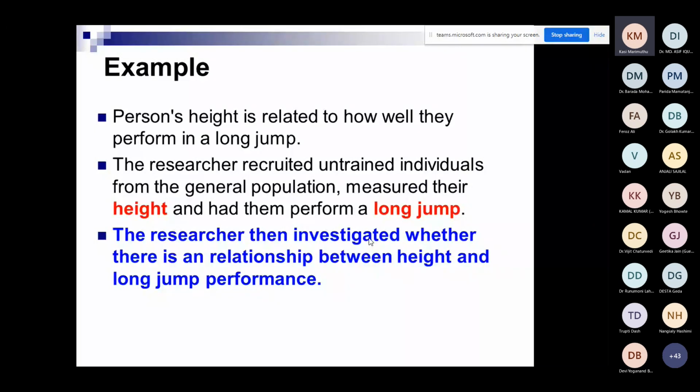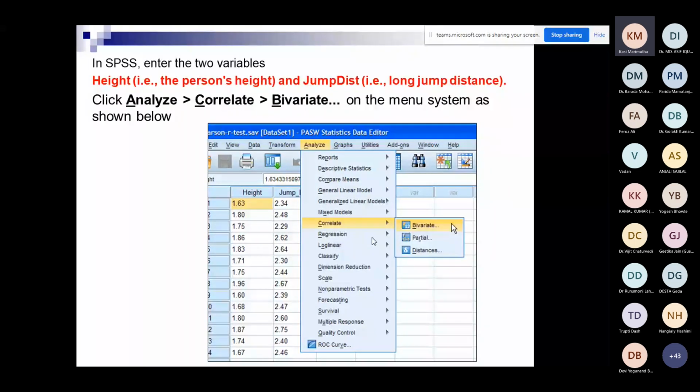Okay, so I'm going to take this example for analyzing the data for Pearson correlation, and help you to interpret the correlation and understand the concept of correlation. What we need to do in correlation is enter the data in 2 columns. In the variable view, 2 rows, whereas in the data view, we enter the data in 2 columns: height in one column, long jump in another.